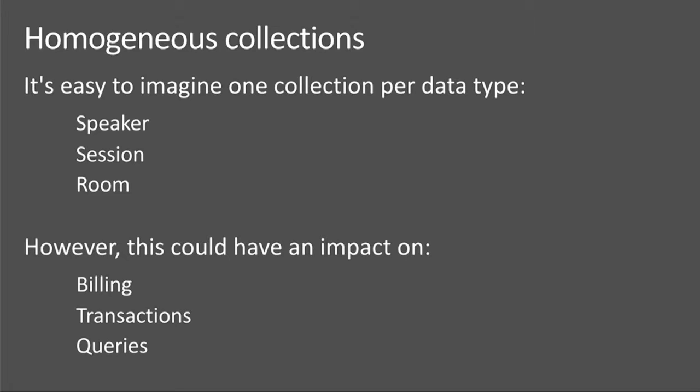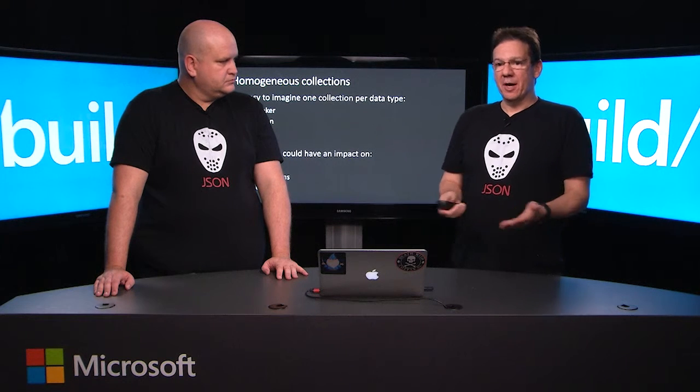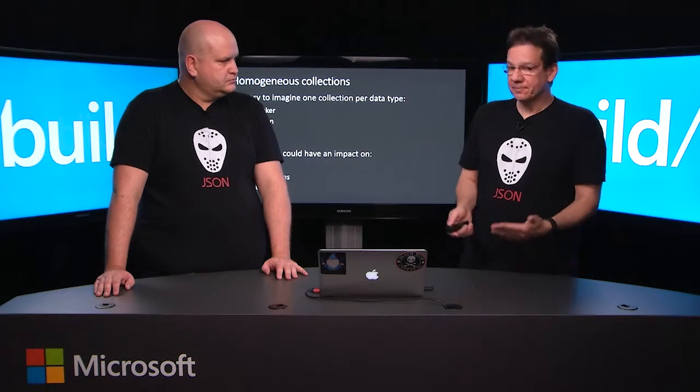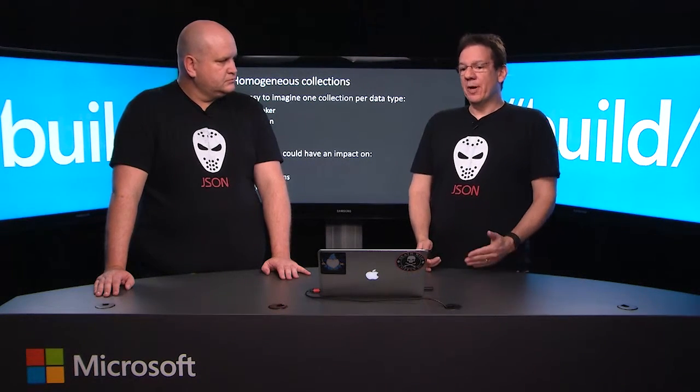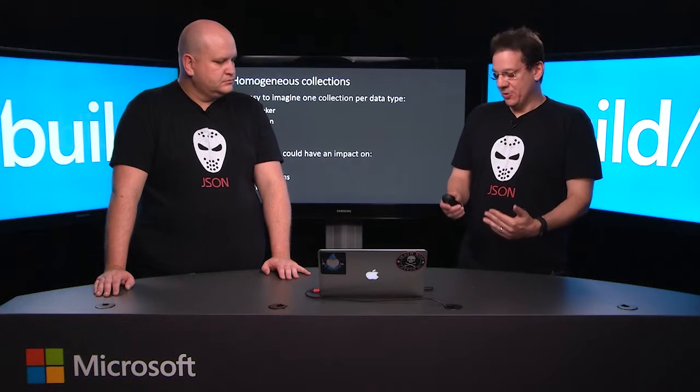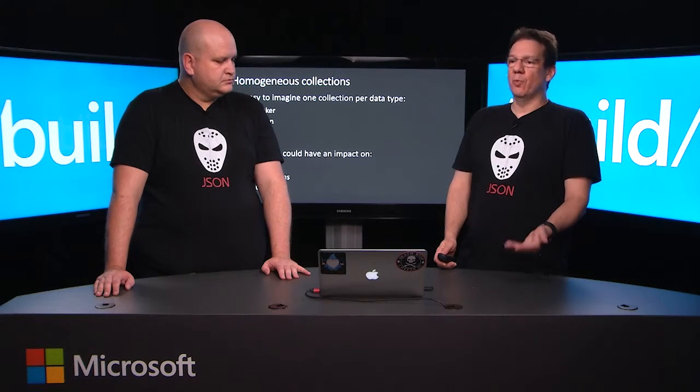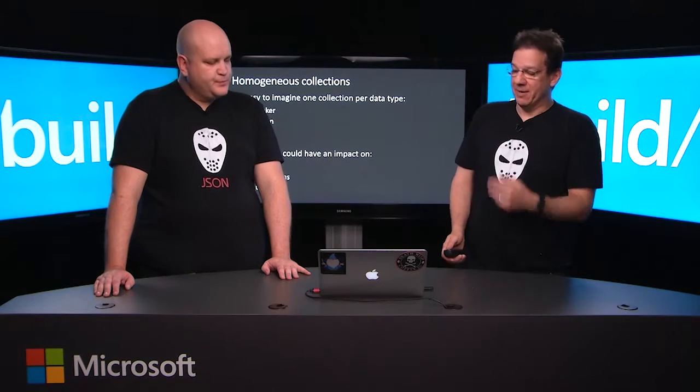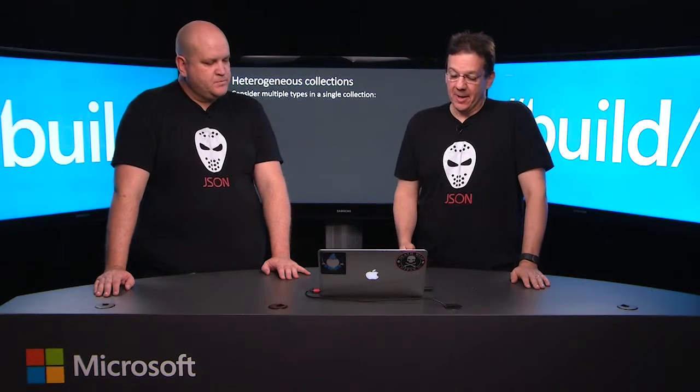Or transactions, it could be that the scope of queries or stored procedures is bound by a given collection. So there are things to consider when running queries, and you might want to actually query more than one type of data at the same time. So we'll see an example of that.